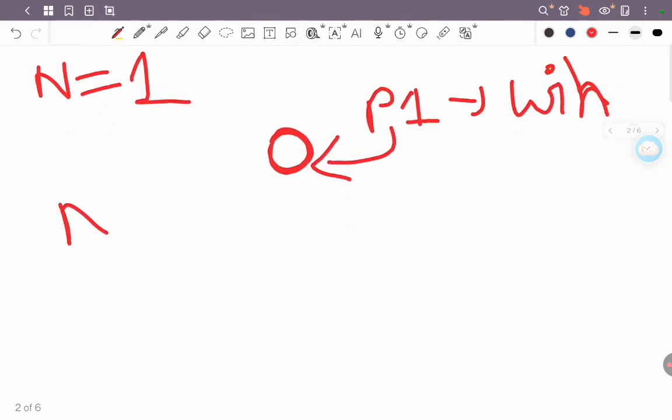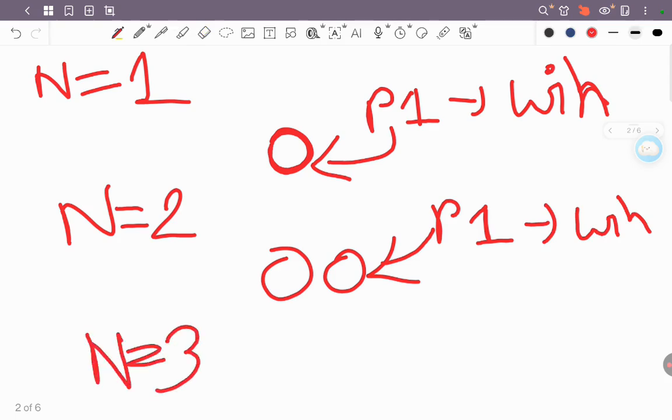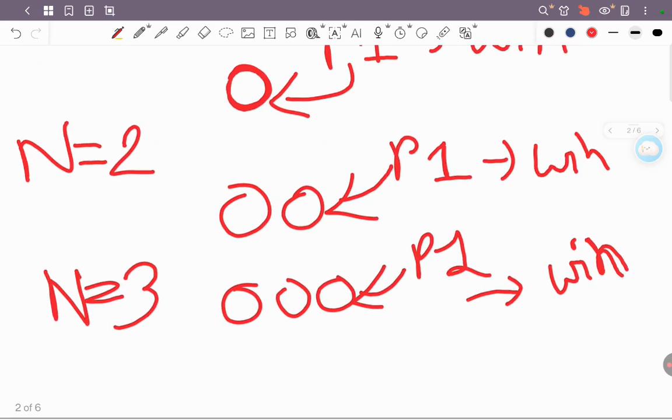Now let us do this for n is equal to 2. There are two pennies, and player 1 can take these two pennies and win. And the same goes for 3. There are three pennies. Player 1 can take all three pennies and win, right?